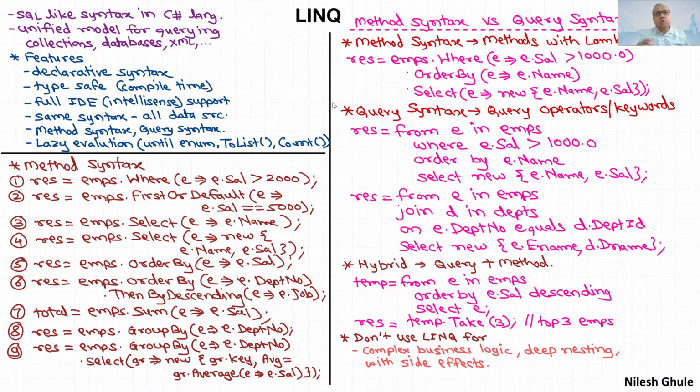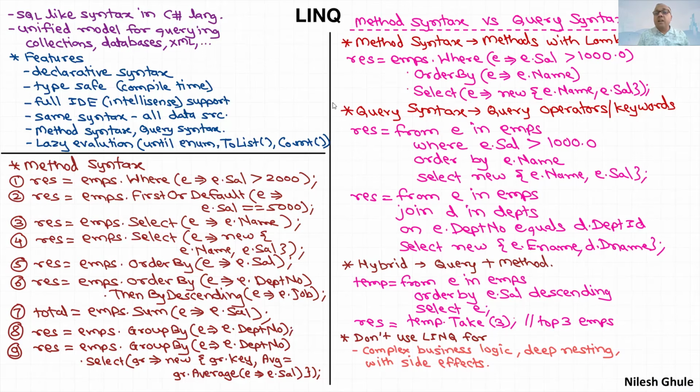So you can use LINQ directly for data processing. It provides you the declarative syntax. Declarative syntax means you just have to tell what to do, not how to do. It will internally execute it effectively and efficiently.